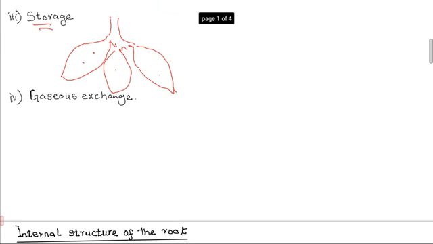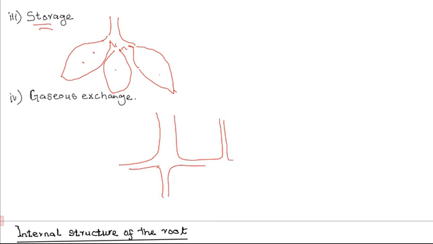Then there are also, in other plants, roots playing the function of gaseous exchange site. In plants that grow in swampy areas where the soils are waterlogged, there are specialized roots that grow out of the soil and are involved in gaseous exchange, and for this reason these specialized roots are also known as breathing roots.